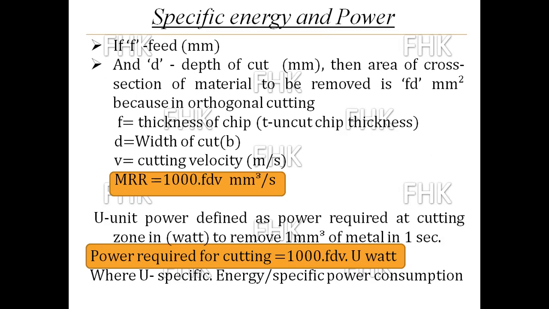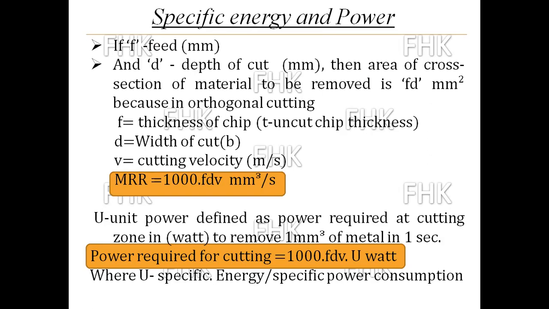defined as the power required at the cutting zone in watt to remove 1 mm³ of metal in 1 second. So the power required for cutting will become MRR into U in watt.